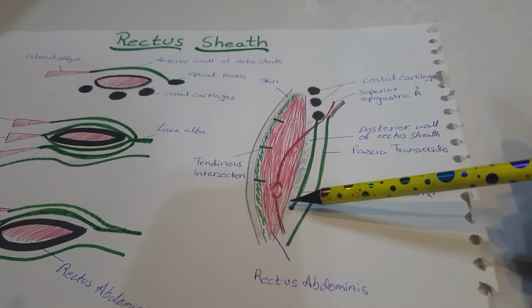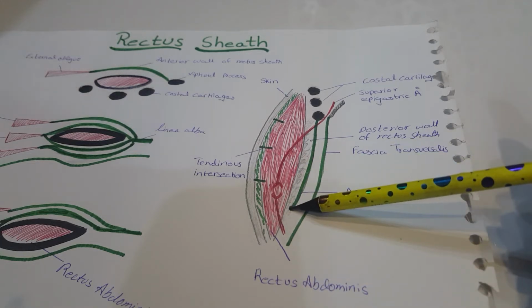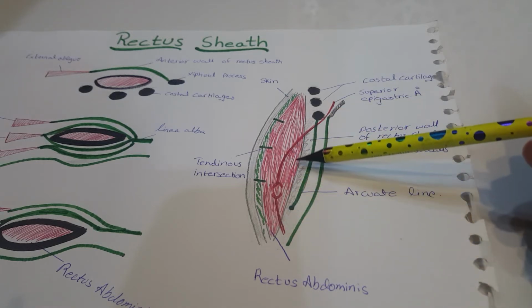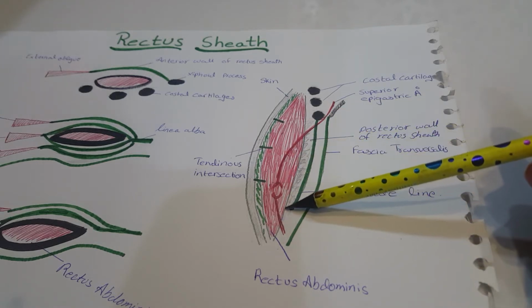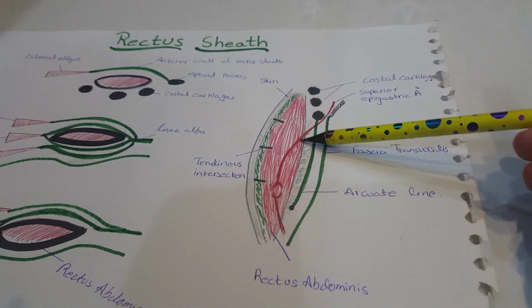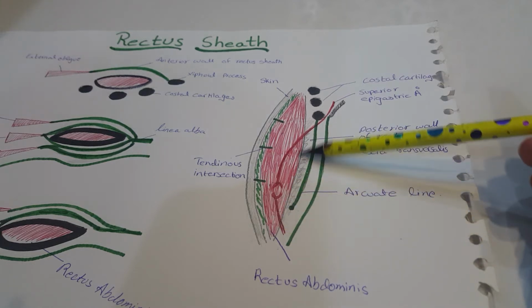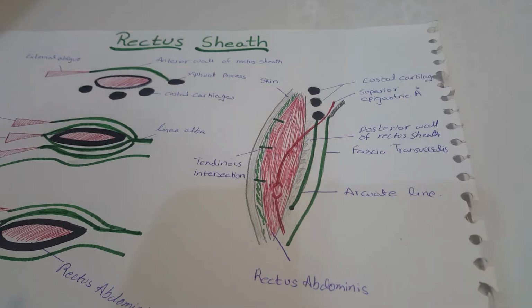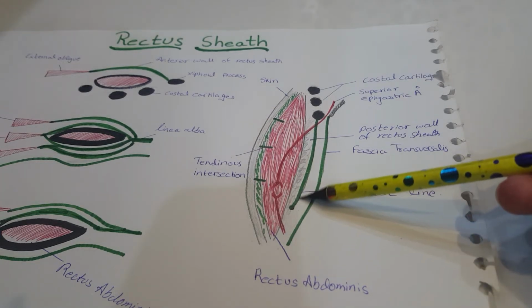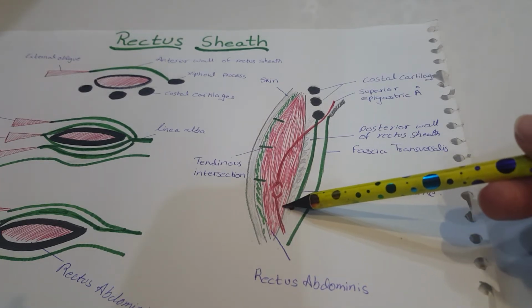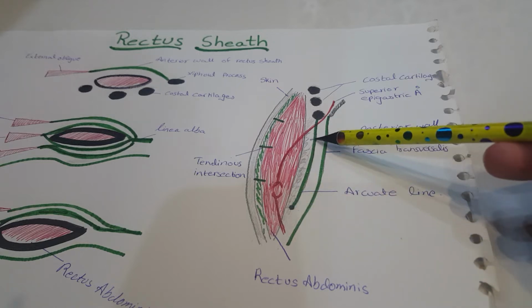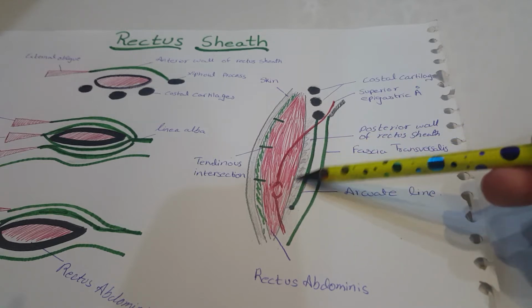So arcuate line is a line that shows the posterior limit of the posterior wall of the rectus sheet. Arcuate line basically marks the lower extent of the posterior wall of the rectus sheet.